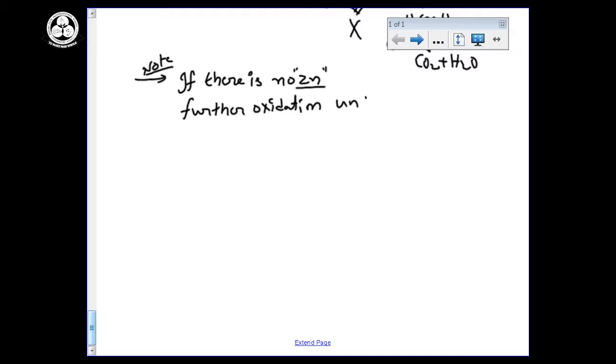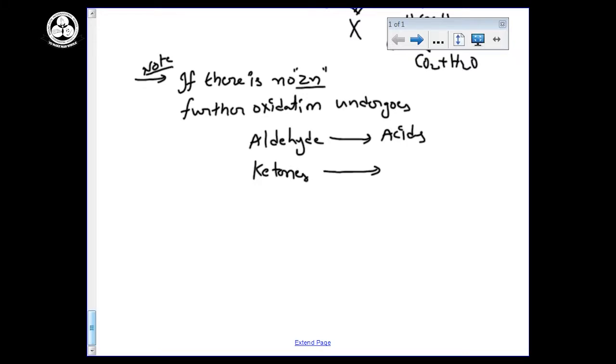Aldehydes are converted into acids, and ketones cannot be further oxidized into acids. No reaction. Why? Because that is a mild oxidizing agent. If it were a strong oxidizing agent, there would be a problem. If it is a mild oxidizing agent, there is no such problem. So this is ozonolysis.